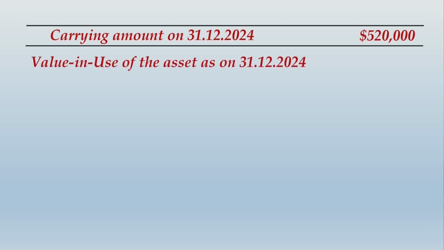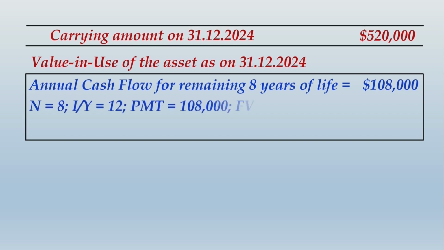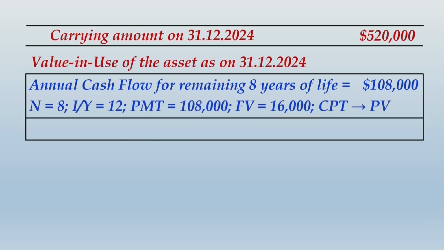Let us check your calculations. We first deal with IFRS. Carrying amount is given as $520,000. Value in use you would have definitely computed. That was on the basis of $108,000 every year for 8 years, along with the scrap value of $16,000.